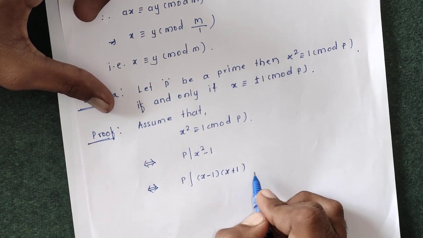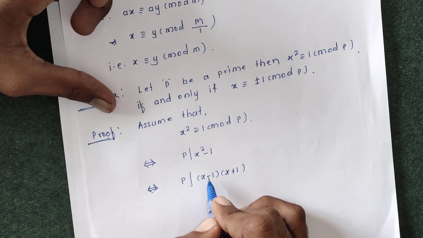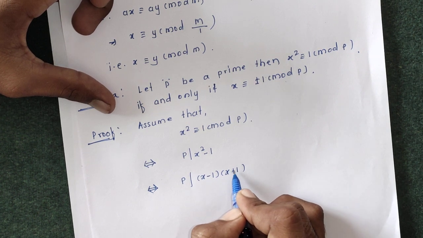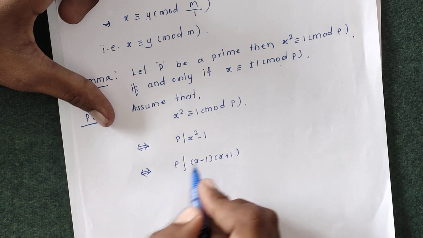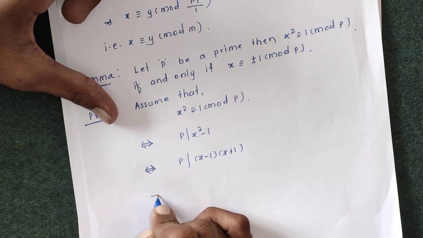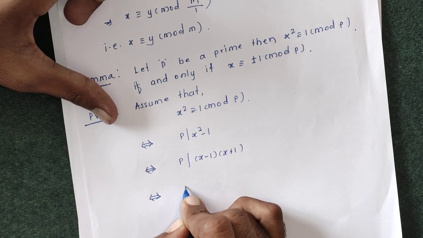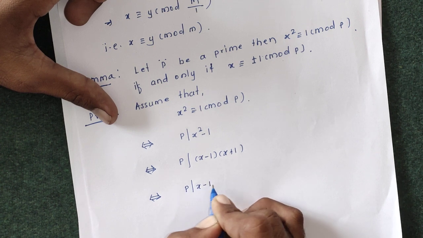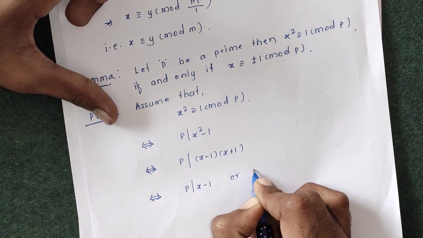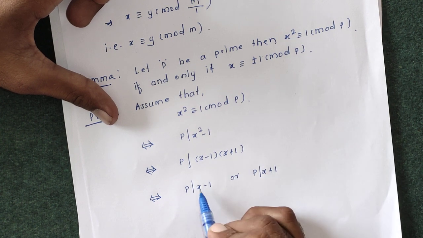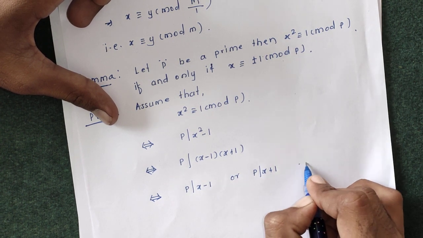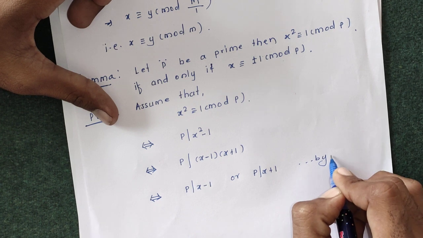Here p is prime and p divides a into b, so we can use Euclid's lemma: if p divides a into b, then either p divides a or p divides b. So p divides x minus 1 or p divides x plus 1.